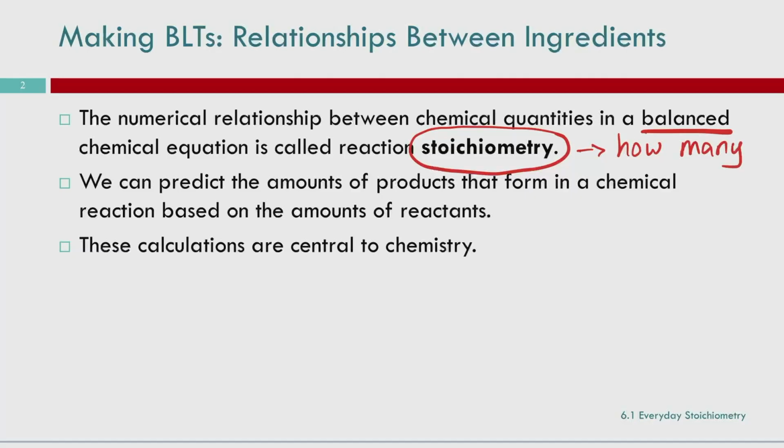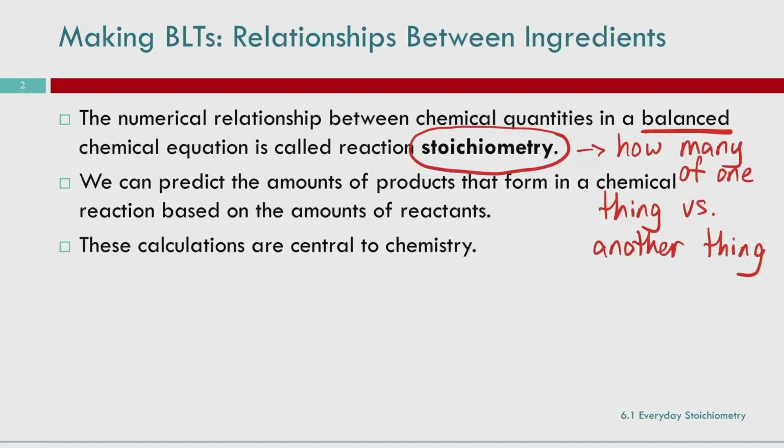It's basically how many of one thing versus another thing. That's really all it is. We're looking at primarily coefficients, so the numbers out in front of our chemical compounds.